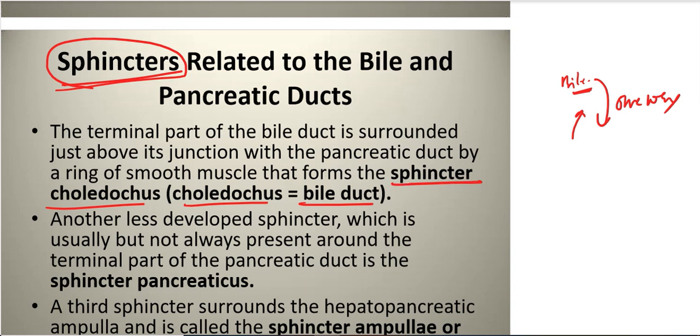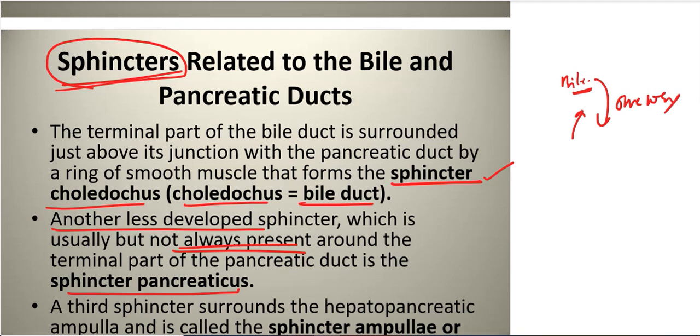This is the terminal part of bile duct, surrounded just above the junction of the pancreatic duct by smooth muscles, which form the sphincter choledochus. Next is sphincter pancreaticus. Another less developed sphincter, usually not always present.